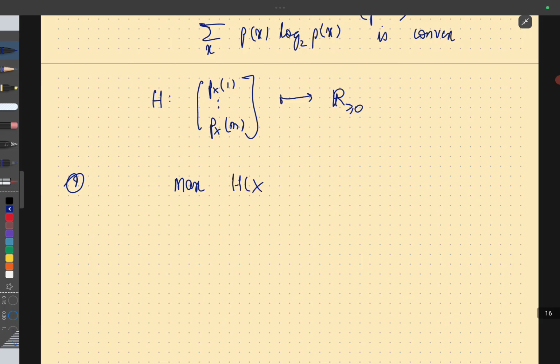So what is the maximum of H of X? This maximum has to be taken over all, let's say, p1 to pm, such that each pi is greater than or equal to 0, and the summation over all i of pi should be equal to 1.